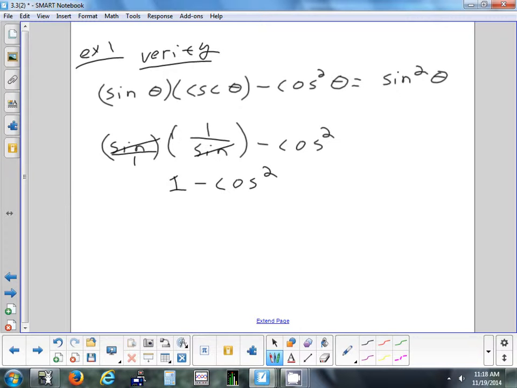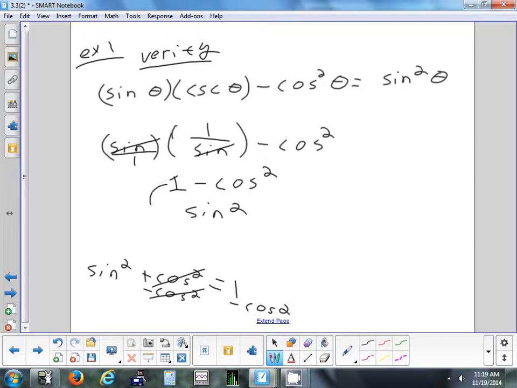Anybody recognize that? It's not directly something we wrote, but it's a version of it. Equals sine squared. That is sine squared. Remember this identity. All they've done is taken and moved cosine squared to the other side. In fact, I think we did that: sine squared is equal to 1 minus cosine squared.